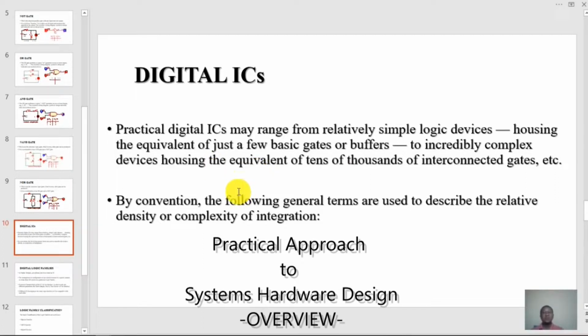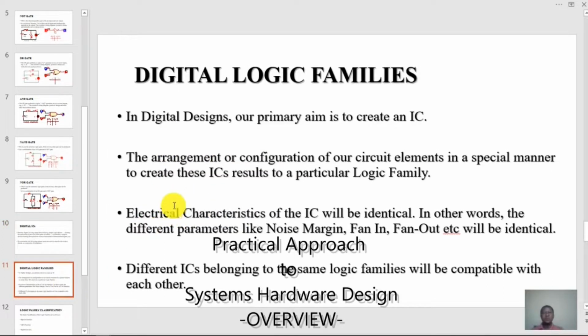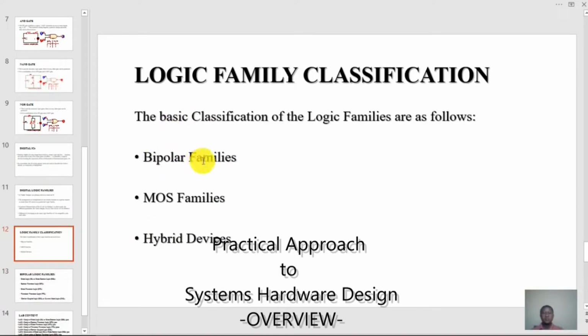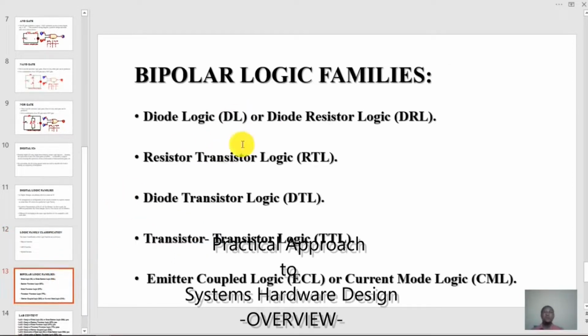So there are different classes of IC based on the logic family they belong to. So let's look at logic families. We have the bipolar family, the MOS family, and the hybrid family. But our interest in this course is the bipolar family. So let's quickly go to the bipolar family.